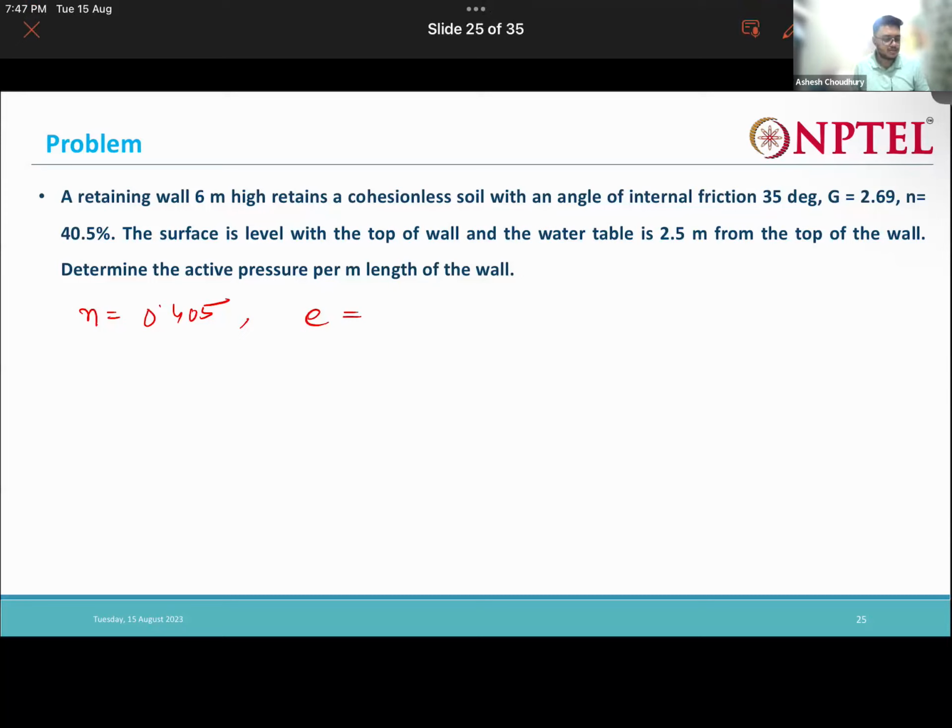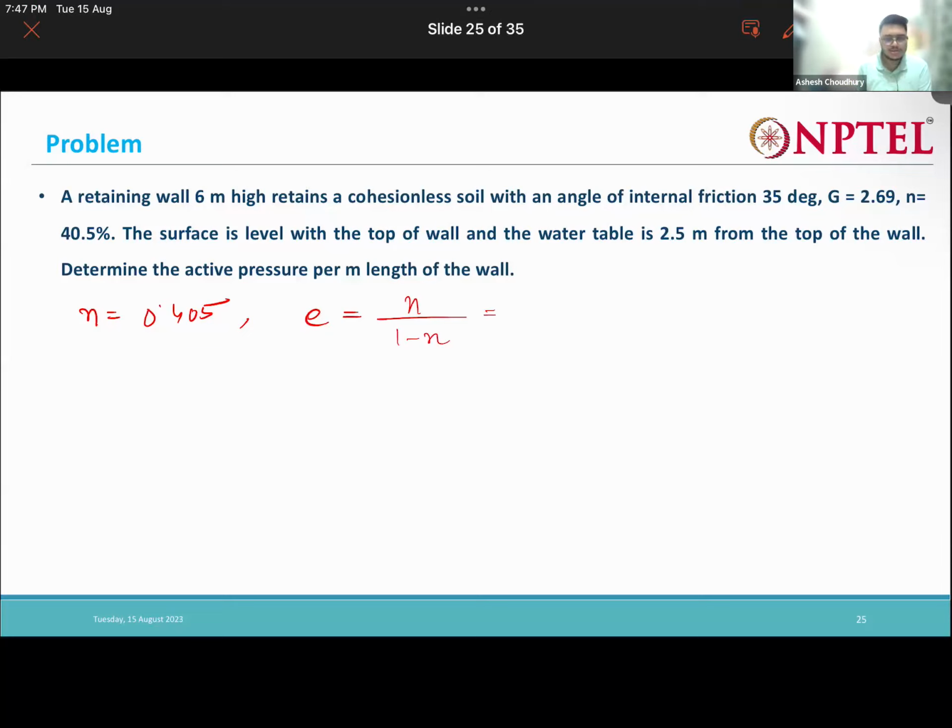What was the relation? e is equal to n by 1 minus n.